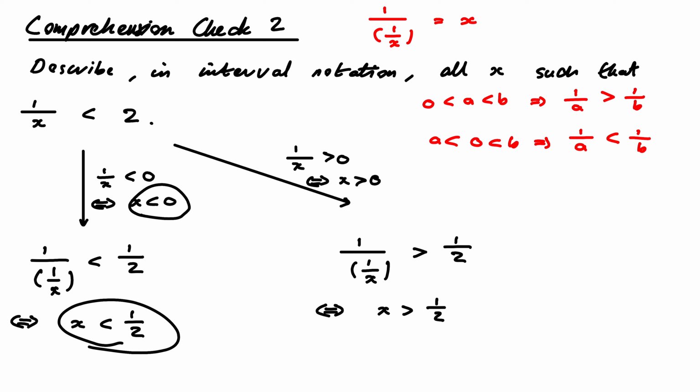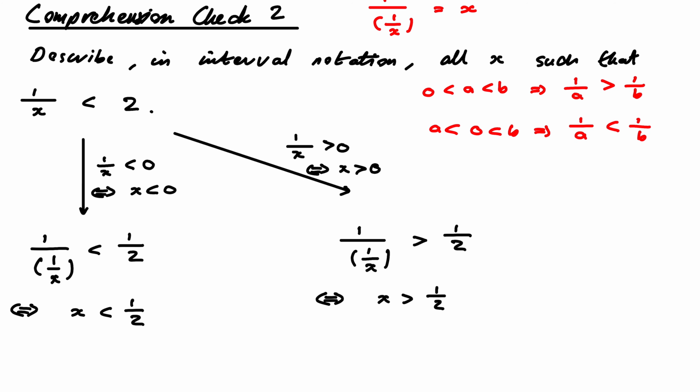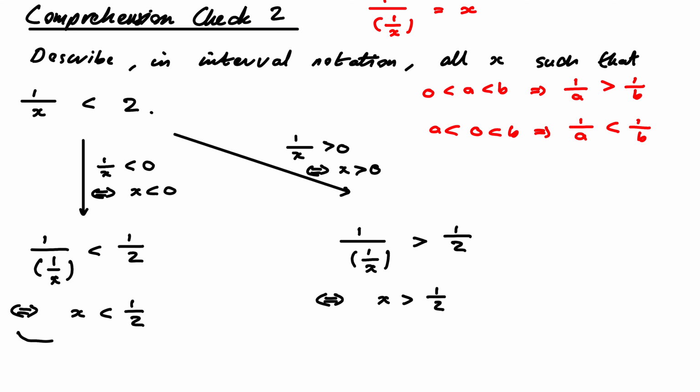What does that mean? Well, being less than 0 guarantees you're less than a half. So the overall condition is that x has to be less than 0, because if it's less than 0, this is guaranteed to happen.